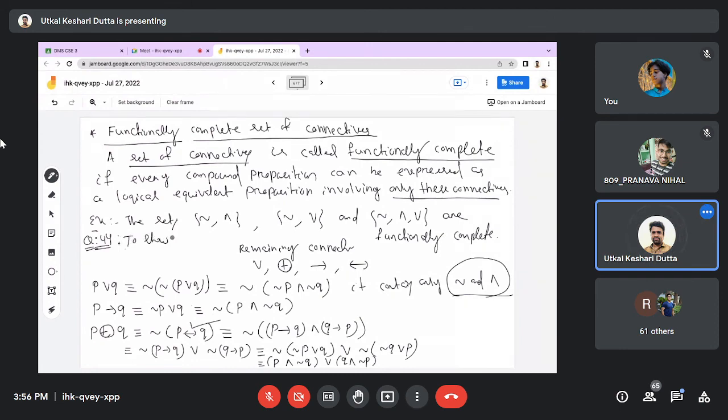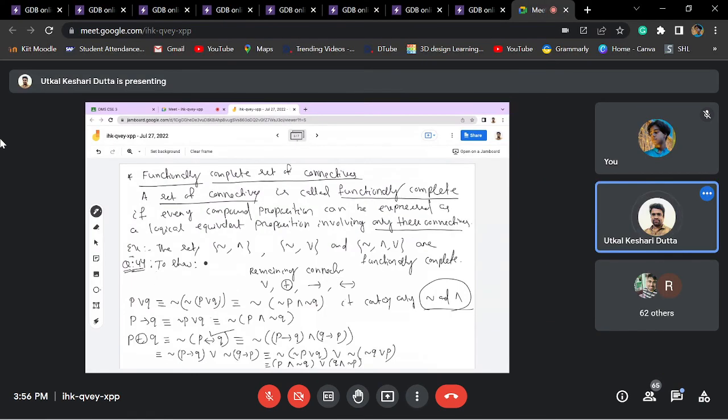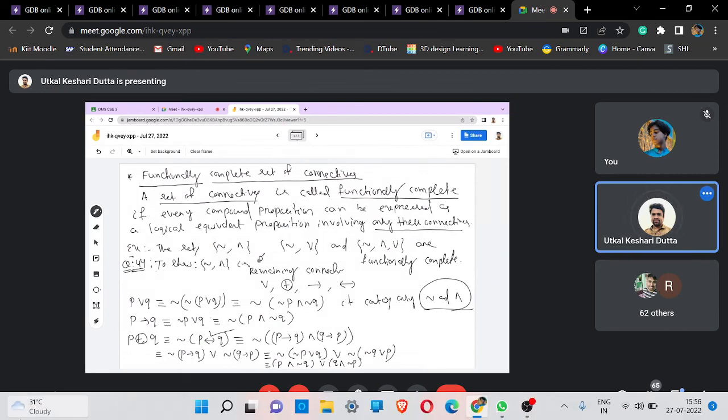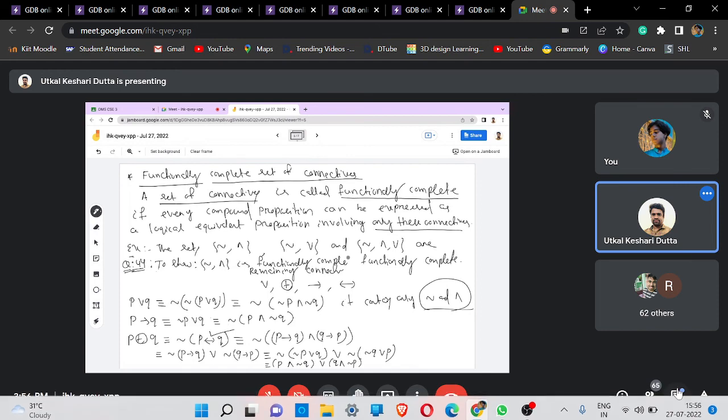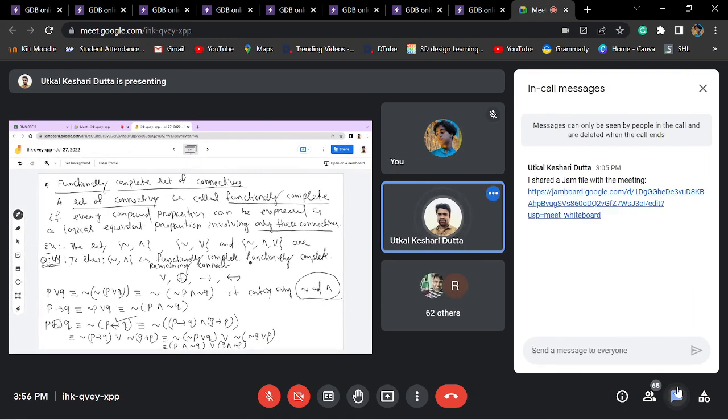To show, what to show? To show that the set of negation and conjunction is functionally complete. Yeah, to show this.